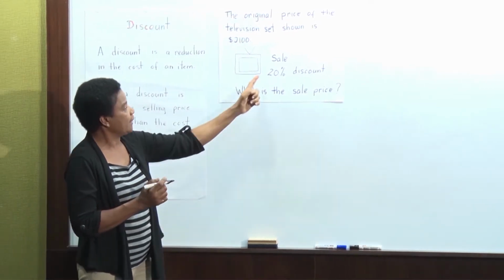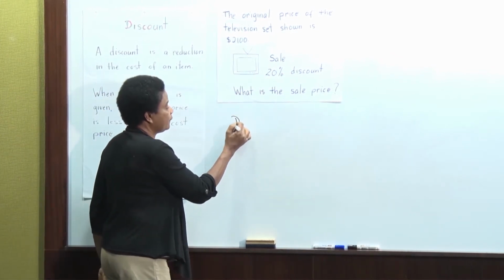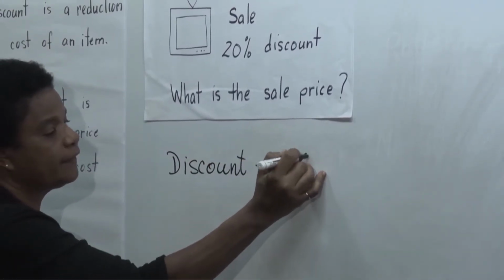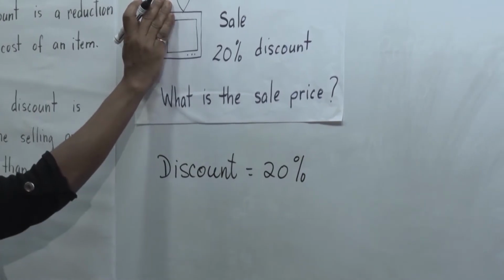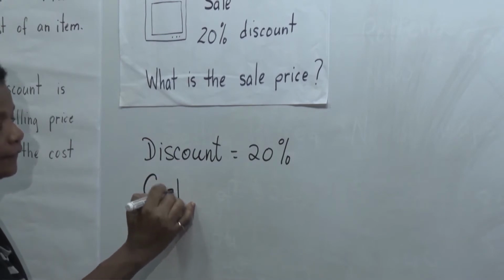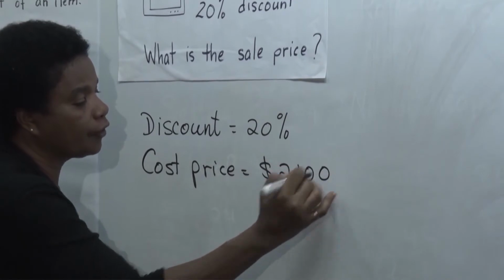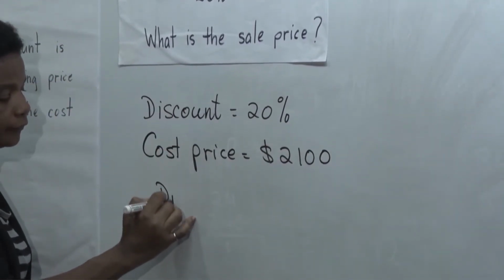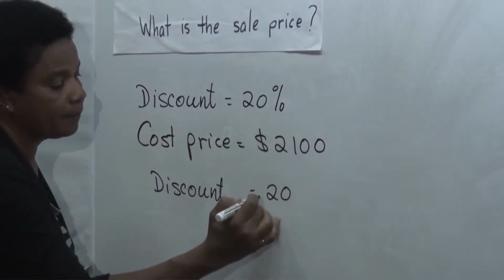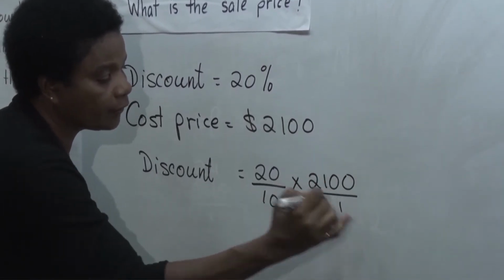So let's go. If the discount is 20%, let's work out the discount. The discount is 20% of the original price. So if the original price is $2,100, the discount will be 20% of $2,100.